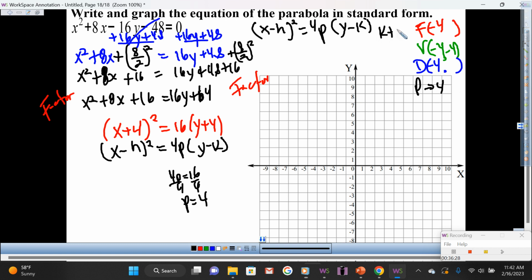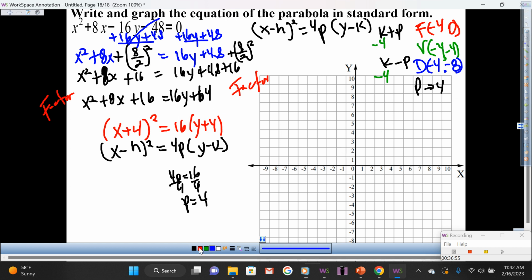Therefore, k plus p, k minus p. So, what is k over here, everyone? -4, -4. So what is -4 plus 4? 0. What is -4 minus 4? -8. Okay.